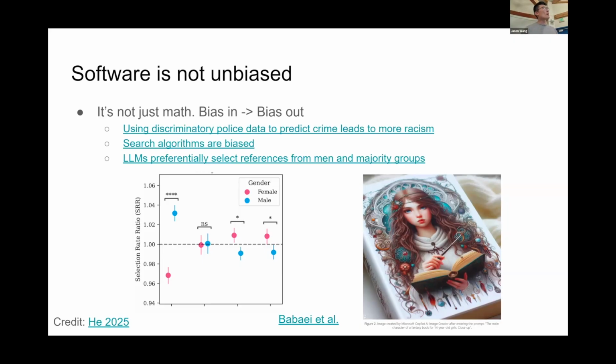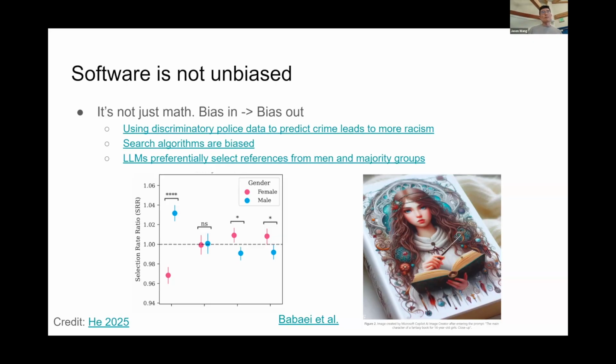On the bottom left, this is a recent study on large language models: if you give a large language model a list of references with clearly male or female author names, or author names from majority or minority groups, how often are they going to cite those authors? There's shown to be a preference for men and people from majority groups, whatever the majority group is in the context in which you give the references.